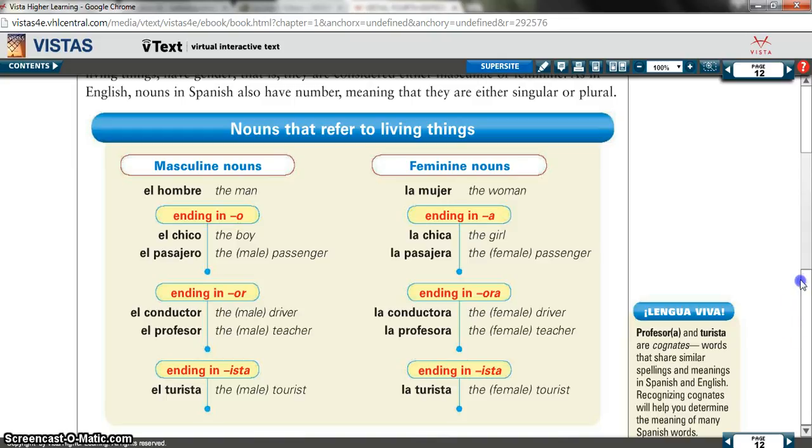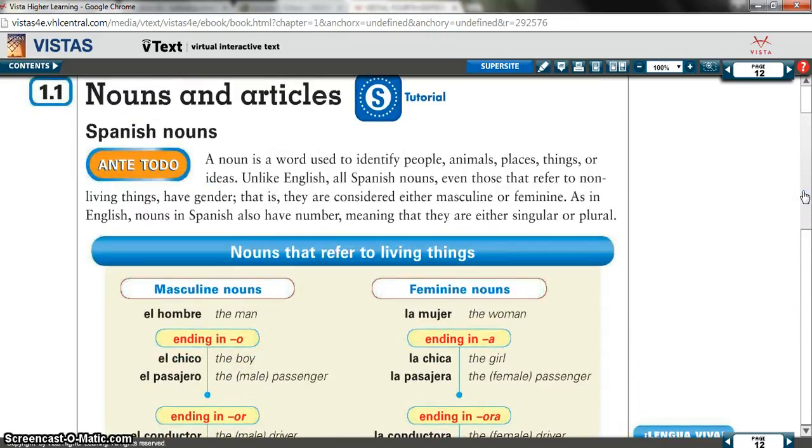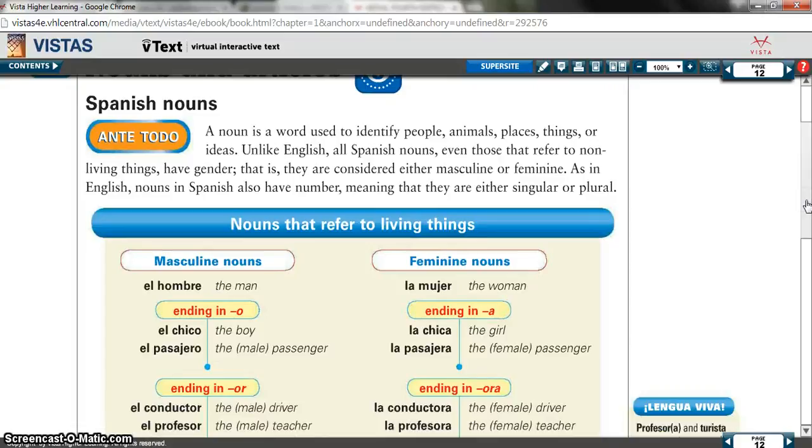Bien. As in English, nouns refer to people, places, and things. This is important because when we talk about nouns, it's not something that's completely new to you. The different thing between English and Spanish is that every noun, it doesn't matter if it's a person, place, or thing, has gender in Spanish.